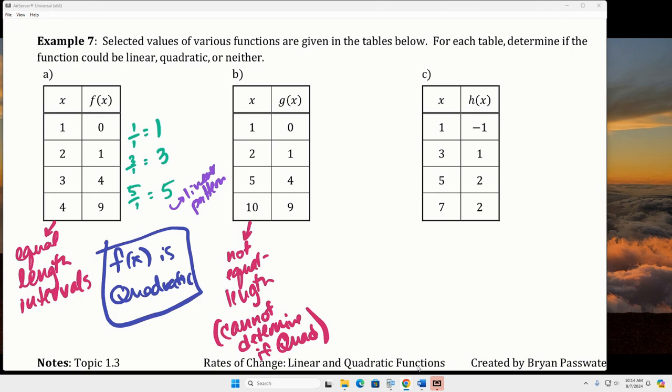We can still do the problem though, because it's possible it's linear, or if it's not linear, we'll just say neither. All right, let's see what happens. We're going to do the change in y over the change in x.